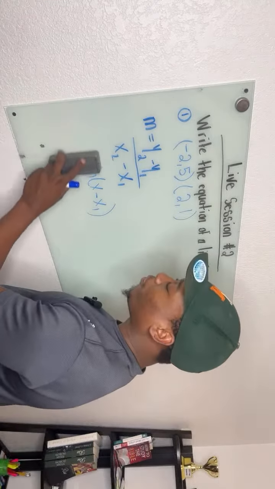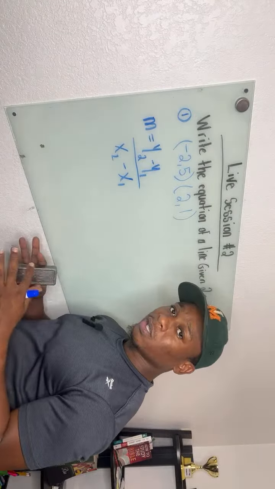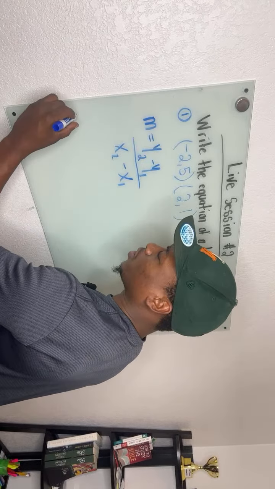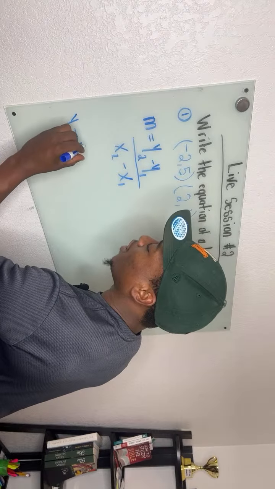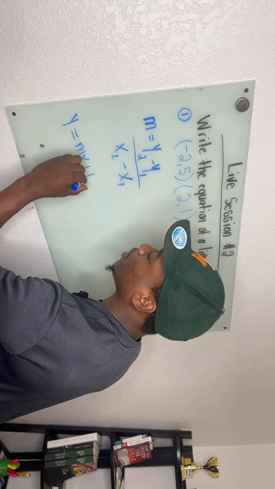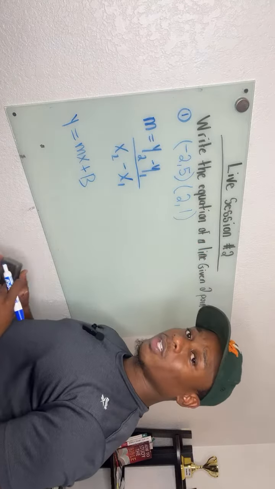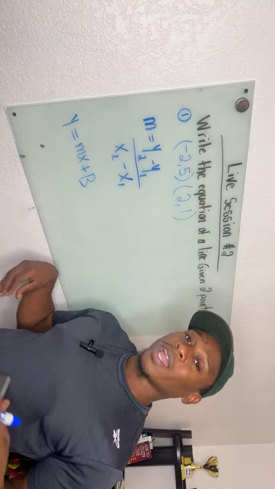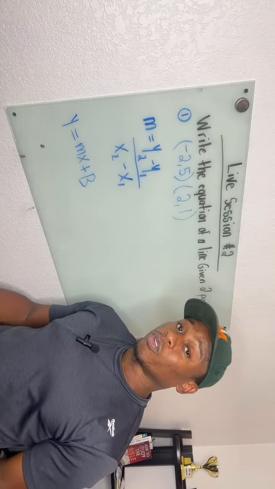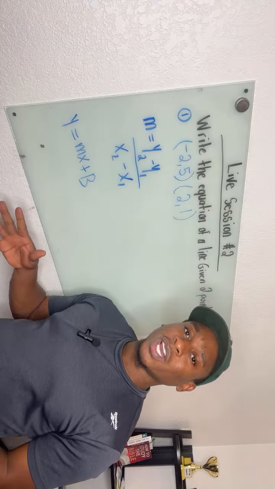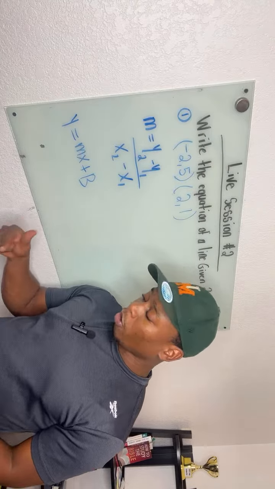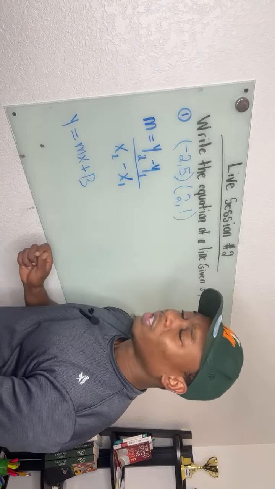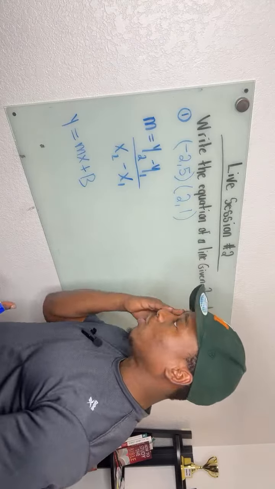What we are going to focus on is slope intercept form, I should say. So y is equal to mx plus b. We're going to use this equation and see if we can come up with an equation for the line, okay? I showed you guys this new method in the video earlier this week.